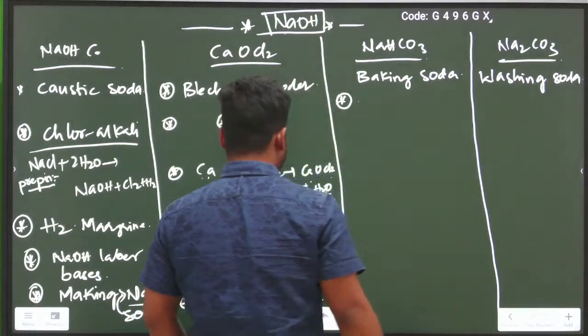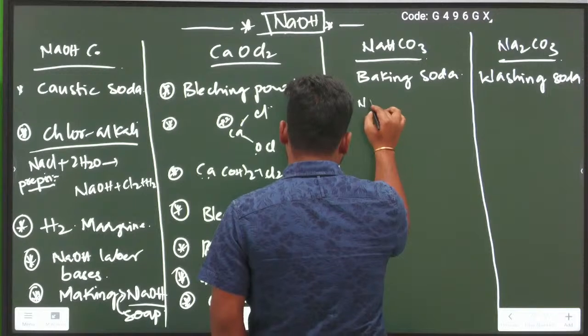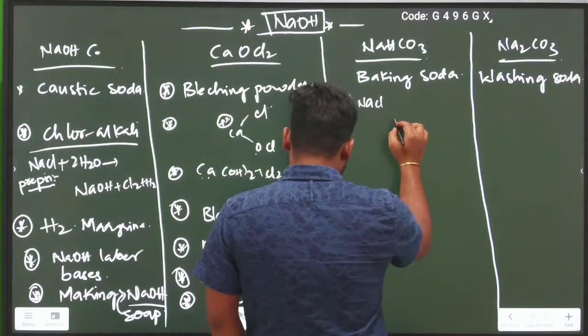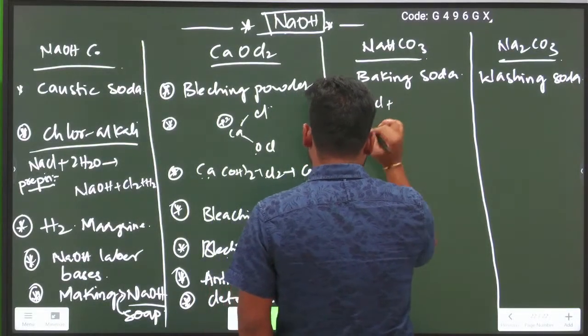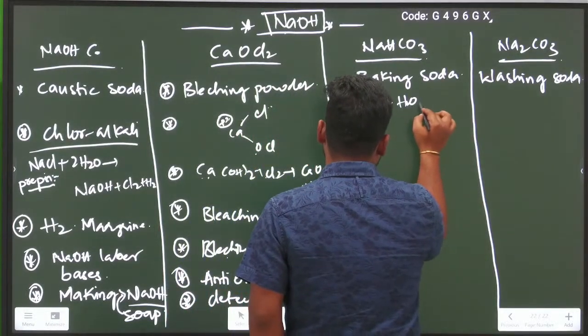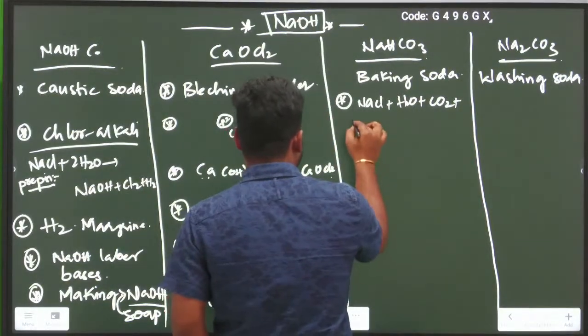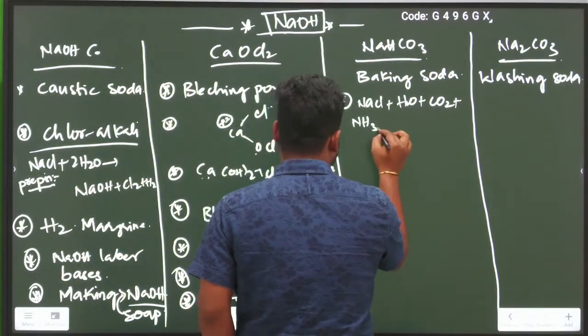And next is coming to baking soda. How we can produce this baking soda is, take first some molecules of NaCl. What is this NaCl? This is a salt, on addition with water plus some CO2 gas plus add some NH3 molecules. Okay.